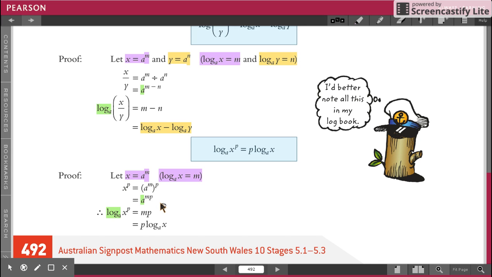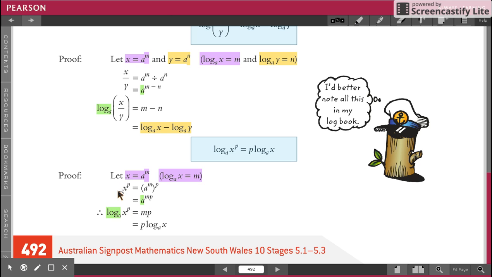So if you let x to the p, essentially raising this side to the power of p, you'll see that that indicates that we're going to raise this to the power of p as well. Now you should know from the indice laws that any indice which is raised to a power, we just simply multiply the two indices. So m times p. Taking the log a of both sides, this a in the green will disappear.